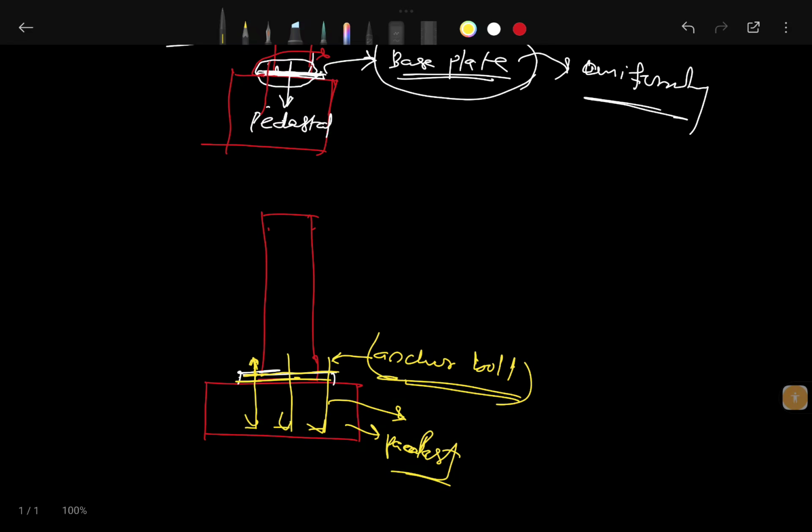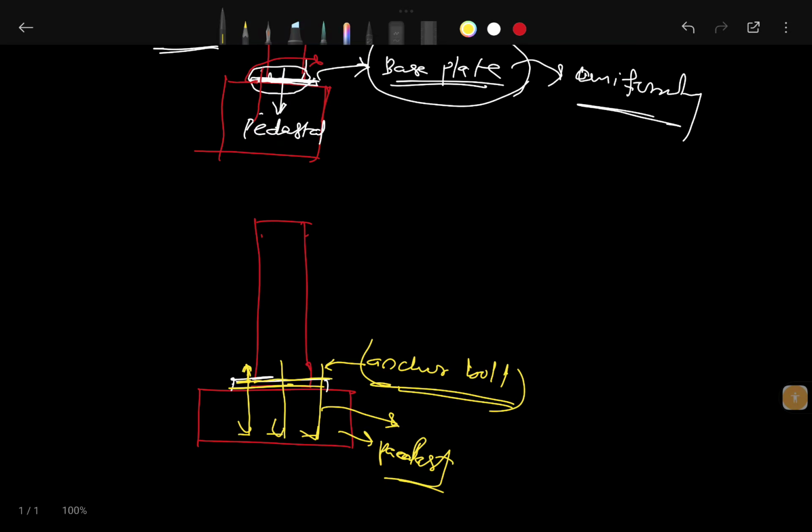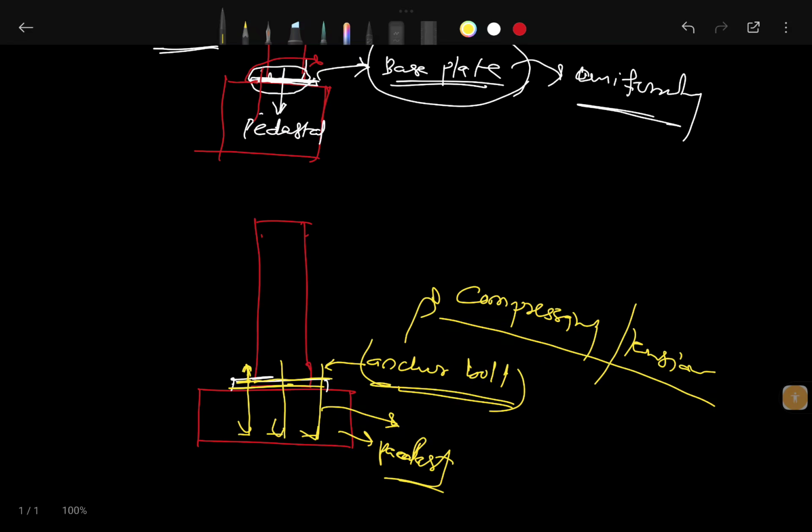These anchor bolts can safely transfer the load, and can carry sometimes compression, sometimes tension, according to the moment.